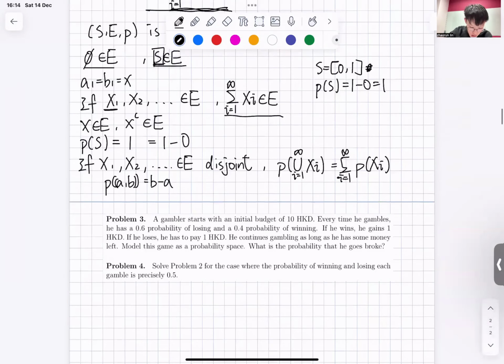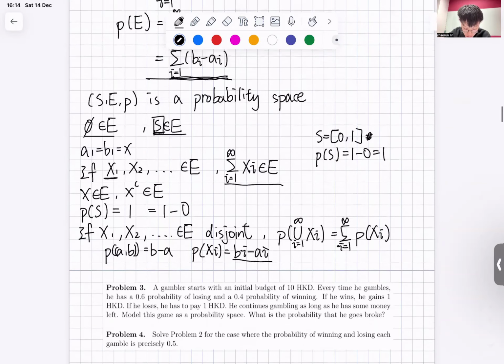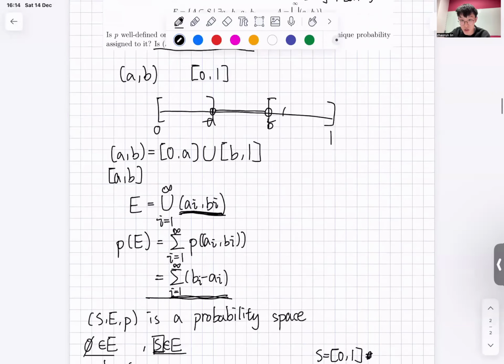So the probability of each such interval is bi minus ai, and this is just the length of an interval.